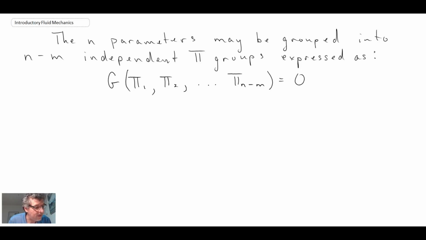So n was the number of parameters that we had. I haven't defined m yet, but I will in a moment. Or this could be rewritten with one of our pi parameters on the left.